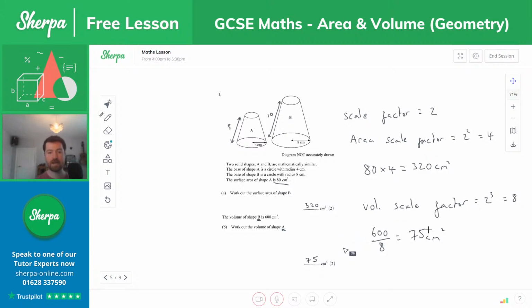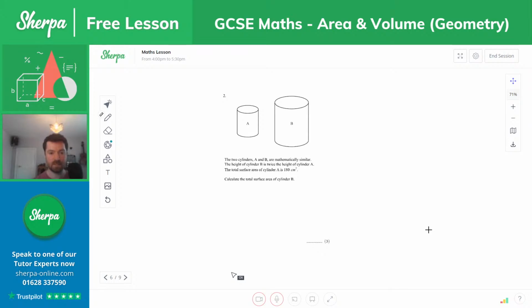Hope that all makes sense. We can try another couple of questions as well to really solidify this theory. So if we go on to question 2, we've got two cylinders, A and B, that are mathematically similar. So again, they are the same shape but different sizes.